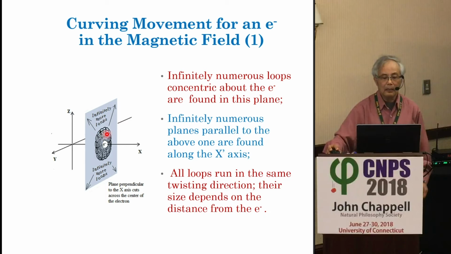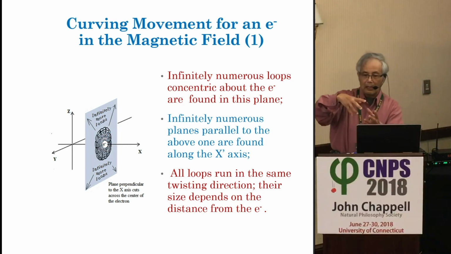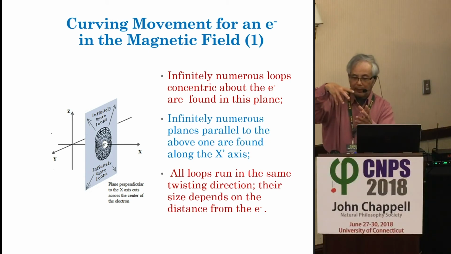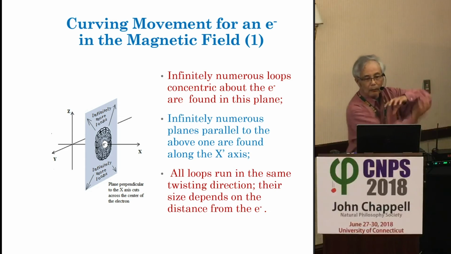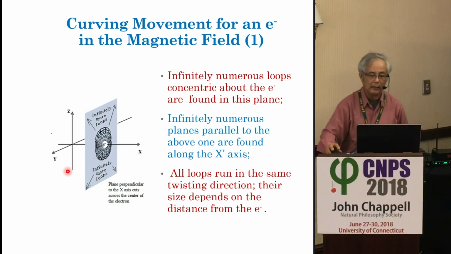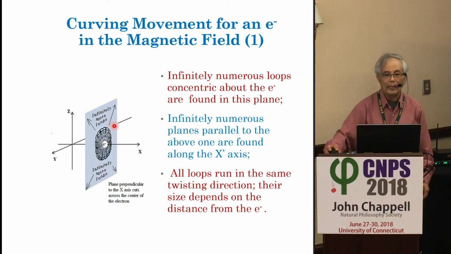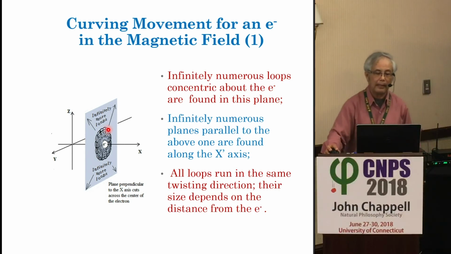Then, since those helical loops loop back to themselves, further away from the electron you have a helical line with a bigger diameter looping around the electron. The further away from it, the more relaxed is the helical line looping back.